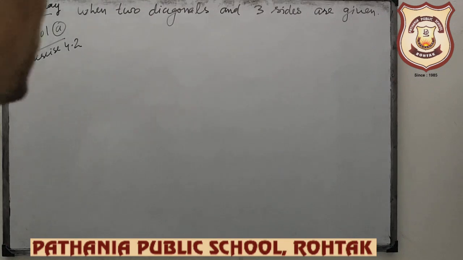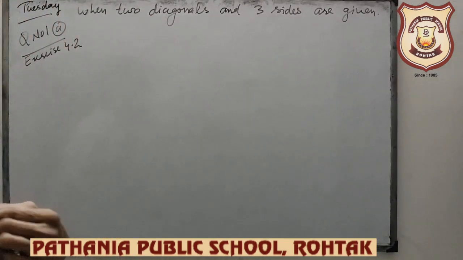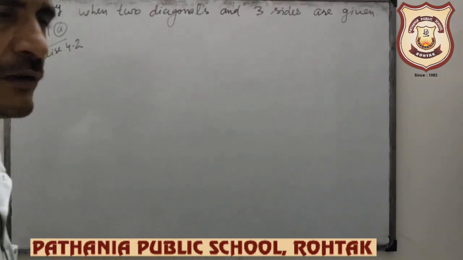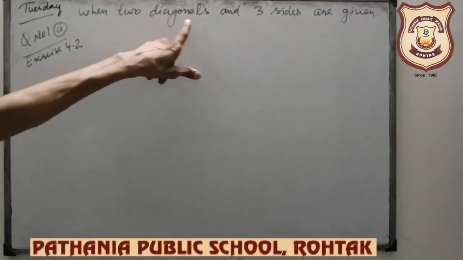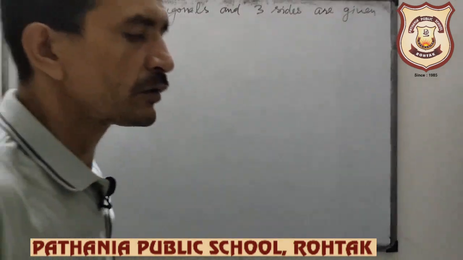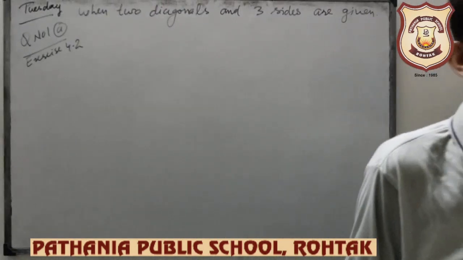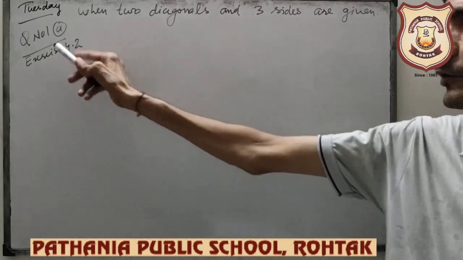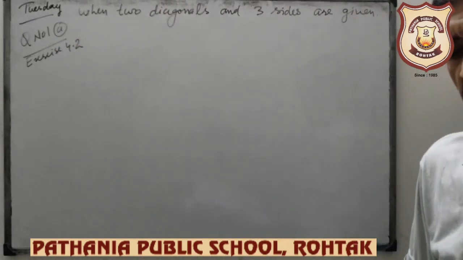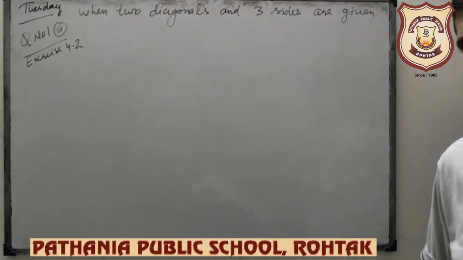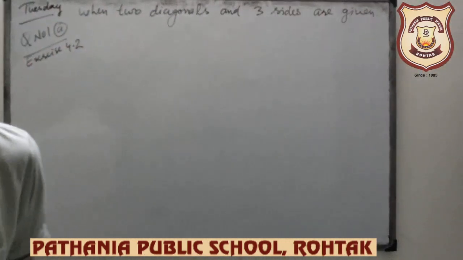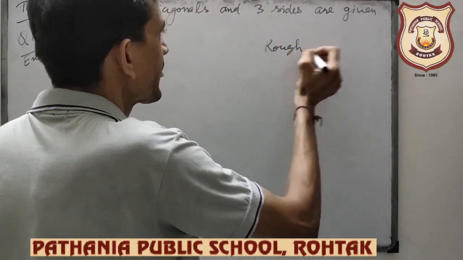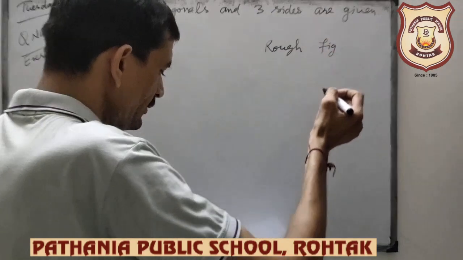Yes, beta. Now I am going to explain the second type of quadrilateral. I told you that 5 things are required to draw a quadrilateral. So now 2 diagonals and 3 sides are given. Then how can you draw the given quadrilateral? First question of 4.2, question number 1, A part: draw a quadrilateral SOFT. First of all, I am going to draw the rough figure. It is very helpful.